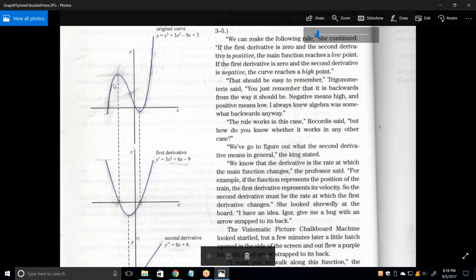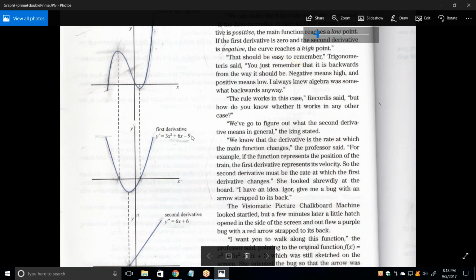So anywhere on this original function, if I want to know the slope, I can go down to the first derivative and find a value. Well, the slope is clearly 0 there. It's also 0 right there. So there's two places where the first derivative is 0, at that point and that point. And that's certainly true.